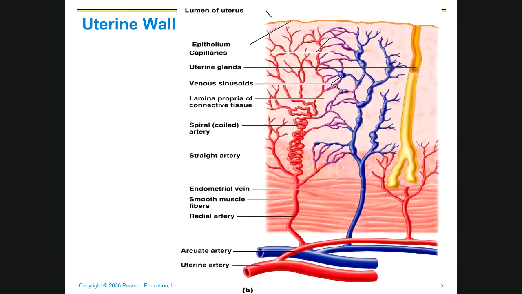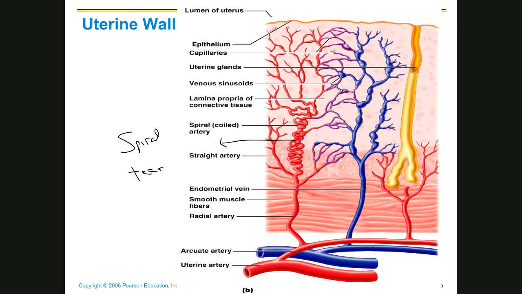Well, as it grows, blood vessels and cells and glands, all these things grow with it. So all of this is new growth. But remember, at some point, it's going to be shed. Look at these arteries. They're very weird. They're spiral. The reason they're like that is because when menstruation happens, they tear.